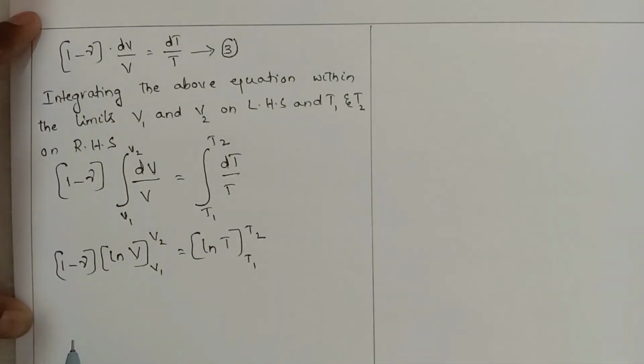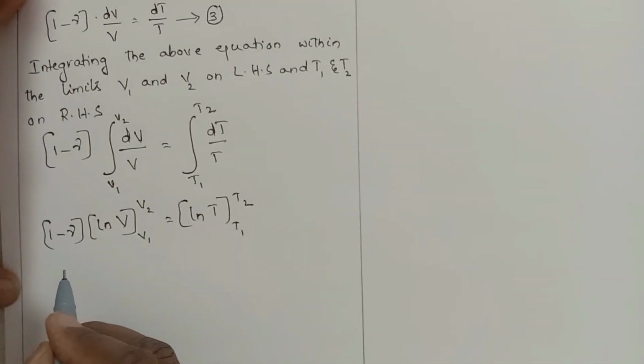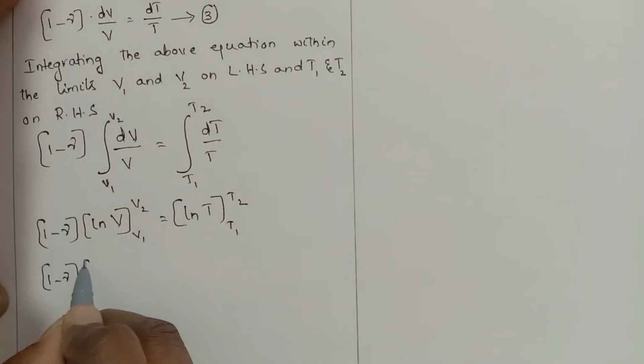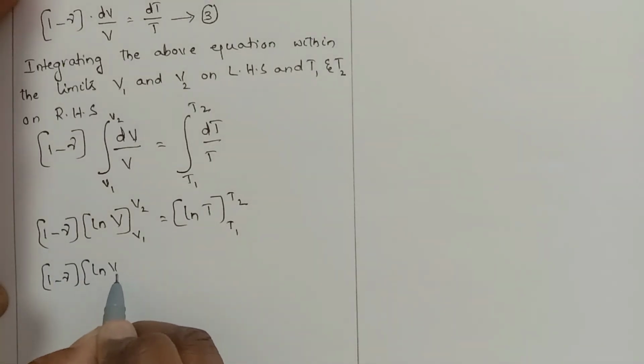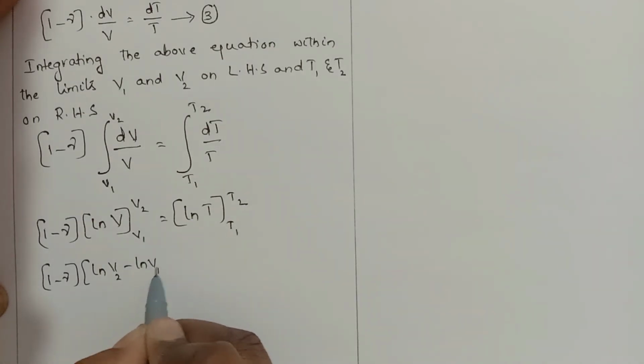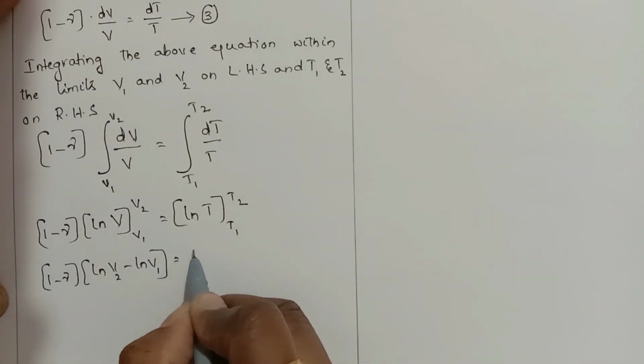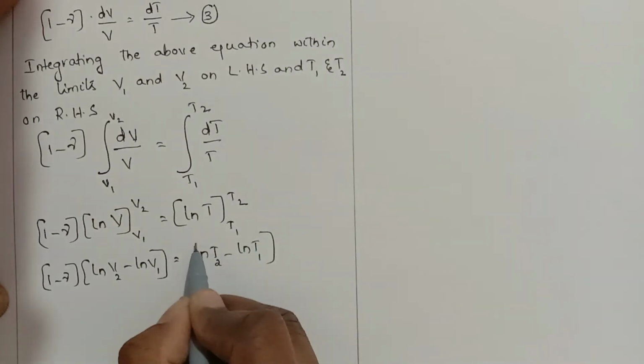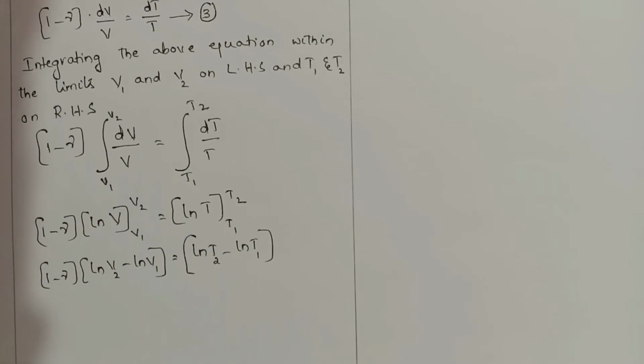Okay, this can be written as 1 minus gamma into ln V2 minus ln V1 is equal to ln T2 minus ln T1. Okay, so now I am not writing within the limits. So now the solution of this is ln V2 minus ln V1 is equal to ln T2 minus ln T1.